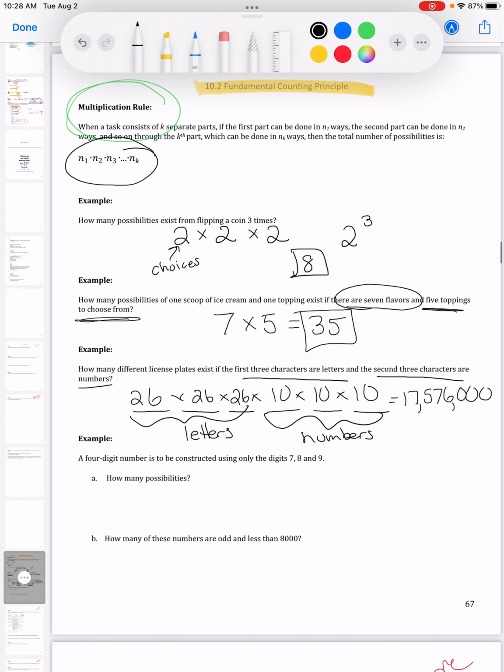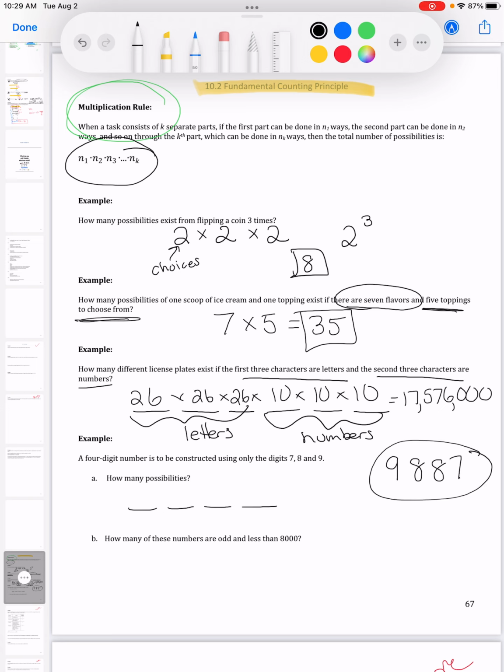All right, this last example on this page is probably the trickiest. If you can follow this one, then you're really probably good to go on this 10.2. So we're going to construct a 4-digit number. So that means we have 1, 2, 3, 4 digits. We're in the thousands place. But we can only use the numbers 7, 8, and 9. So for instance, the number 9,887.